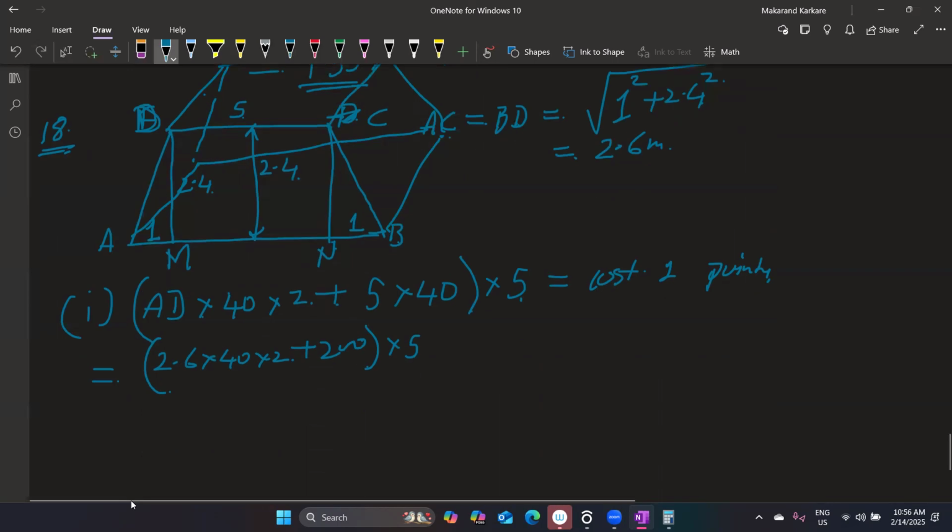Okay. 5 point. Sir, so basically we are adding the areas of those three sides, those two slanting walls and the roof. Correct.